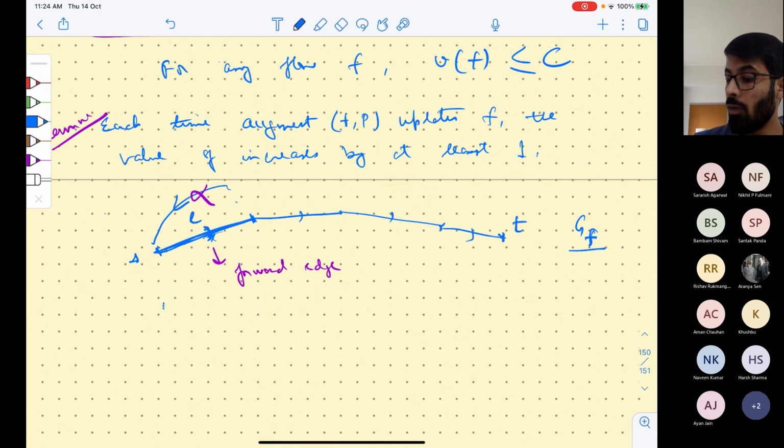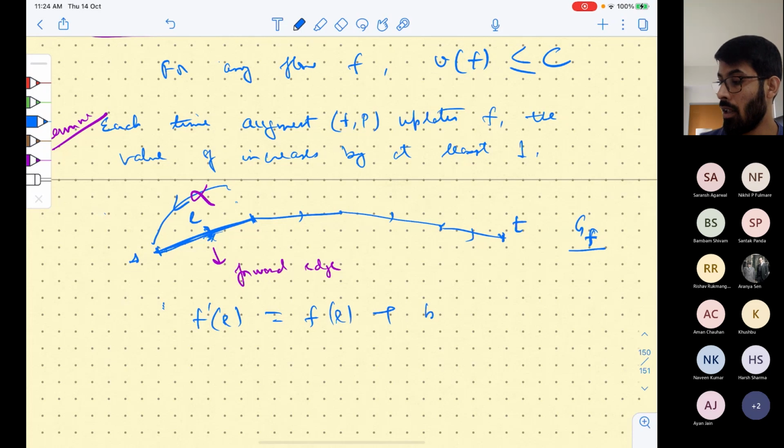And for this forward edge, we put f prime of E equal to f of E plus the bottleneck. You can check, by induction, that the bottleneck of P comma F is an integer if all the capacities and the previous flows are integers.